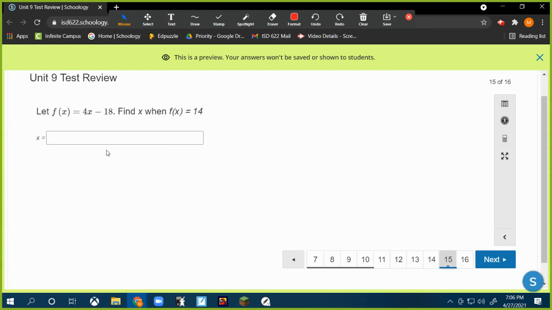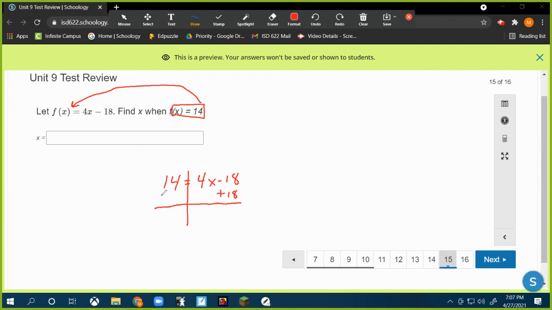Number 15, f of x equals 4x minus 18, but f of x is now 14. Since this whole thing is 14, that replaces the f of x. So 14 equals 4x minus 18. Then we solve. Multiple step equation.